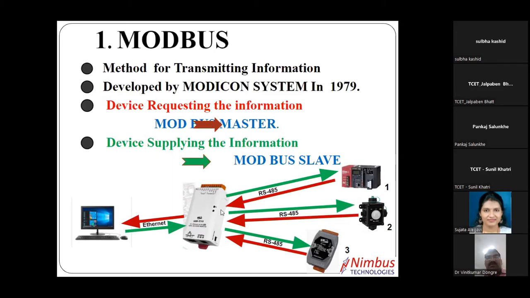So where is that data stored? If the data is analog, a number of registers are already given in its memory. That analog data is stored in two types of register: one is the holding register and the second is the input register.